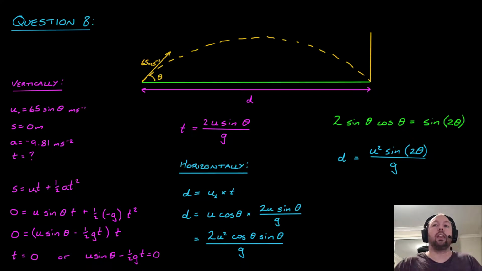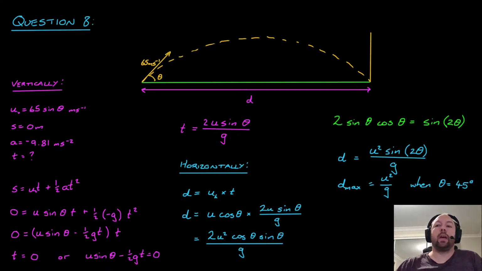So obviously, we're going to get the maximum answer when sine of 2 theta is equal to 1. So what we get is that the maximum distance that a projectile can go, its maximum range, is equal to u squared on g. And when sine 2 theta equals 1, that corresponds to an angle of 90 degrees. If 2 theta equals 90 degrees, then that means that we get the maximum distance when theta equals 45 degrees.